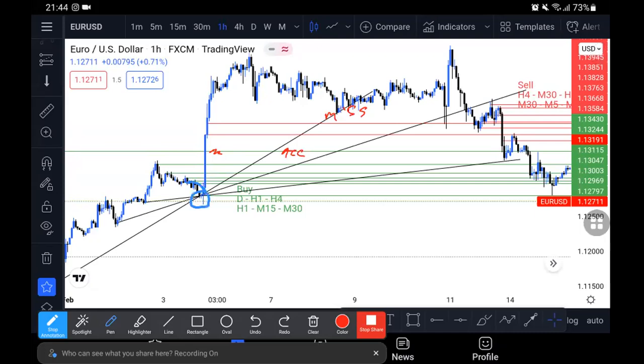So like we have here 1, 2, and this is a second touch, or should it be the first touch? It doesn't matter actually. For the trend line, you can just put it.